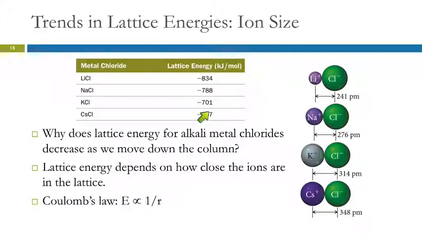And that's because of the physical sizes. Cesium is a larger ion, and so the distance between the nuclei here is larger than for lithium chloride. So for lithium chloride, those oppositely charged ions can get closer together, and so they have a lower energy, a more negative energy. Any questions?